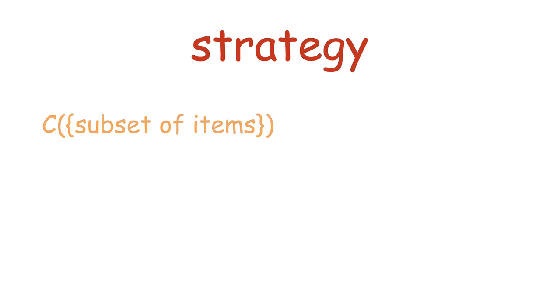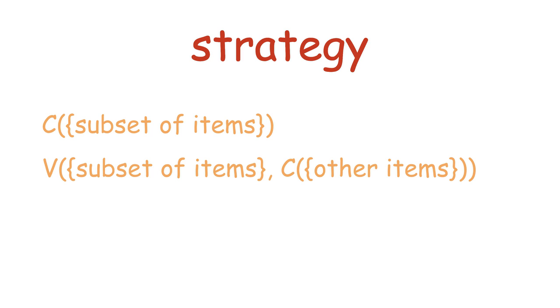C of a group of items will get us the capacity left in the knapsack after packing those items in the knapsack. And a function called V, which will take a bunch of items and some capacity, and will return the best subset of items whose weight doesn't exceed its capacity.